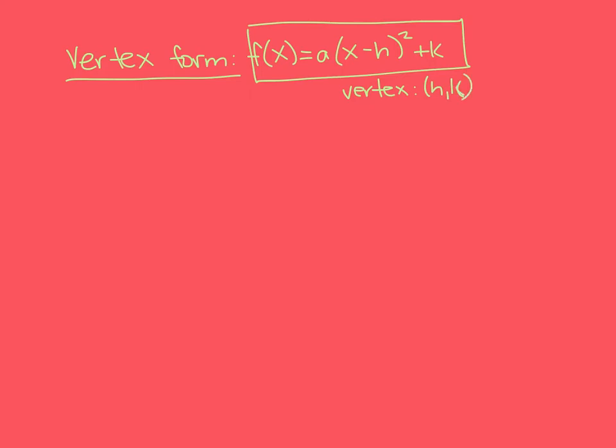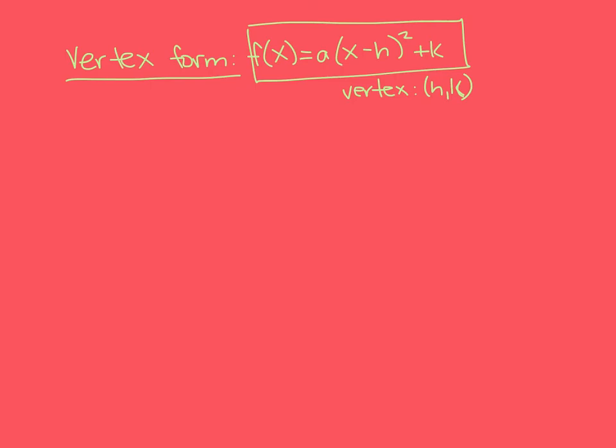You might actually recognize that this is a quadratic function that has a parent function of y equals x squared, and it has a horizontal shift of h to the right and a vertical shift of k up, and then it has a vertical stretch of a. It's the same idea as what you did with that section.